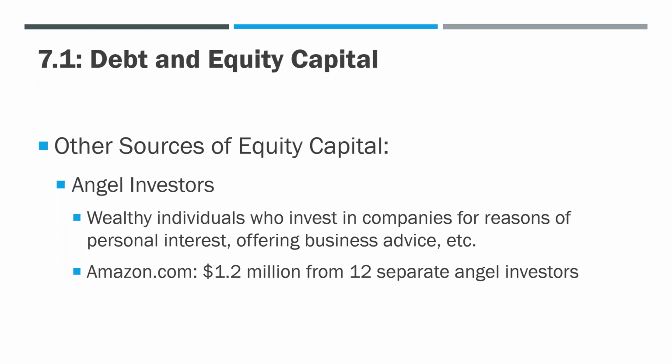It could be that they invest in something like a startup wind farm because this billionaire is interested in renewable energy and is very passionate about it and wants to help this company get started. And Amazon.com is an example of a company that actually got its start from angel investors.